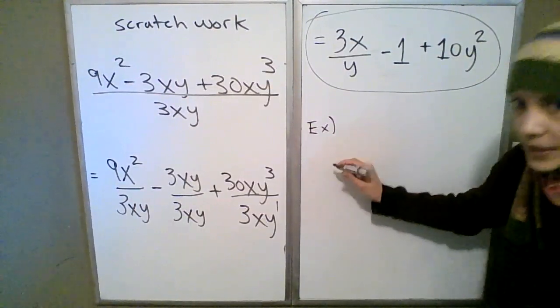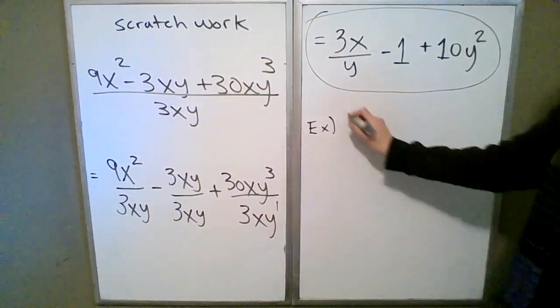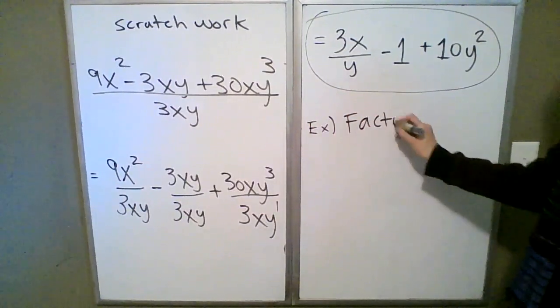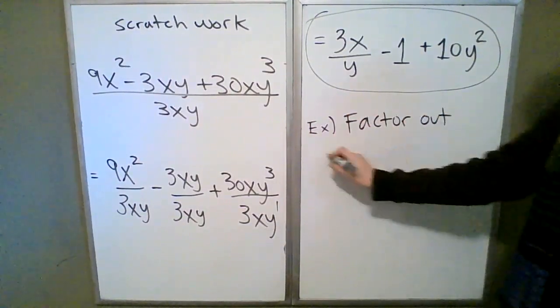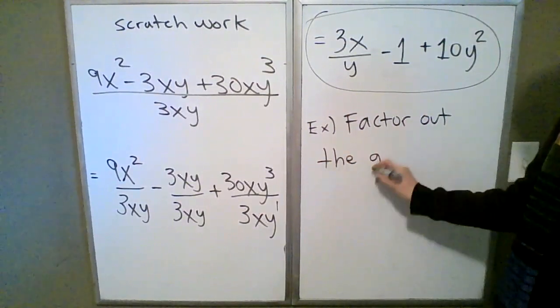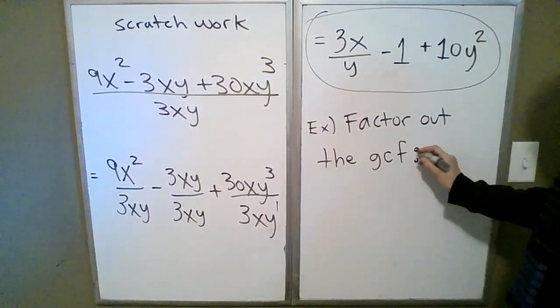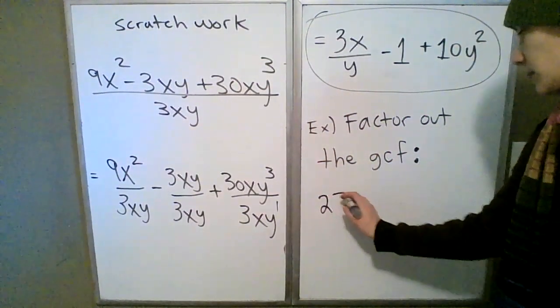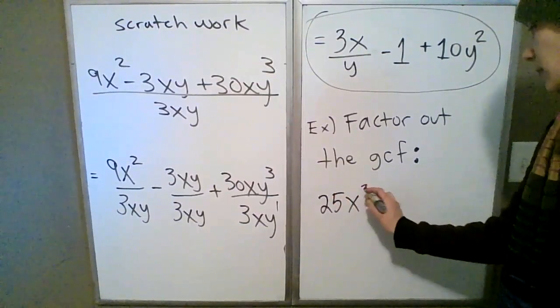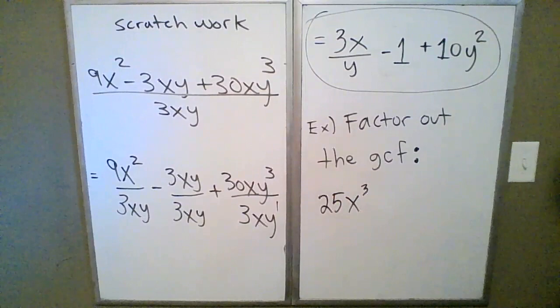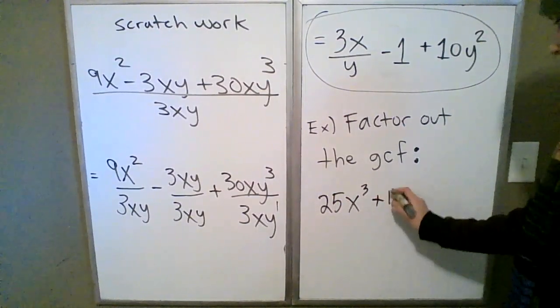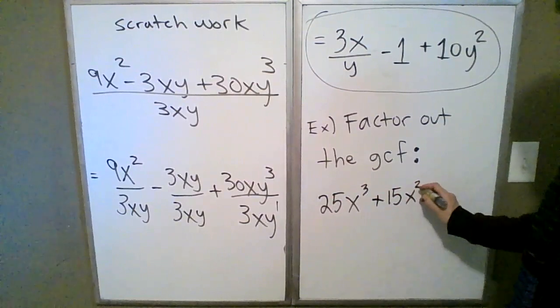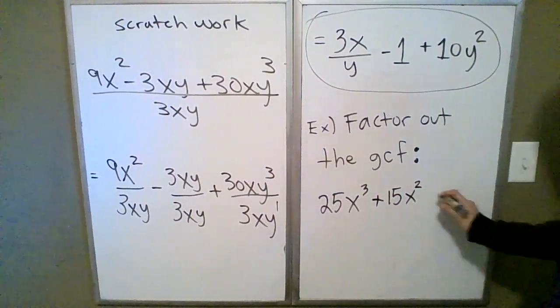So we're going to factor out a greatest common factor from 25x cubed plus 15x squared minus 30x.